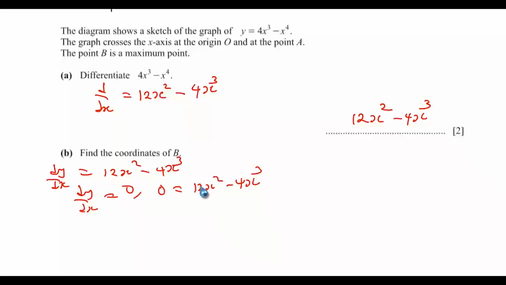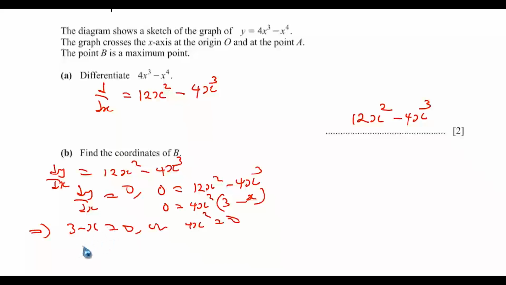So here we can factor out 4x to the power of 2. So we have 0 equals 4x squared times 3 minus x. That implies that 3 minus x equals 0, or 4x squared equals 0.